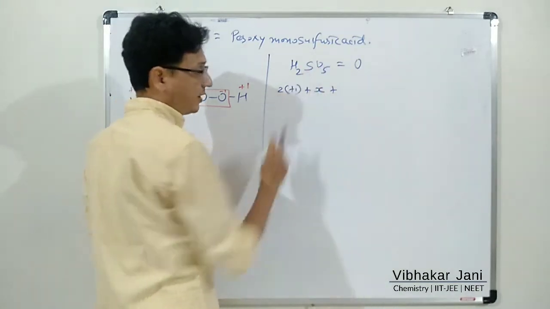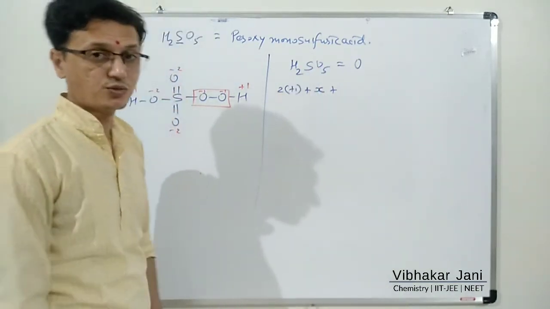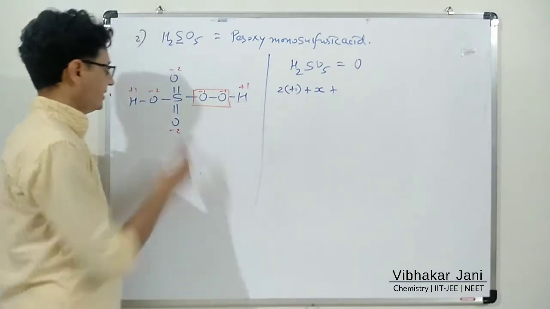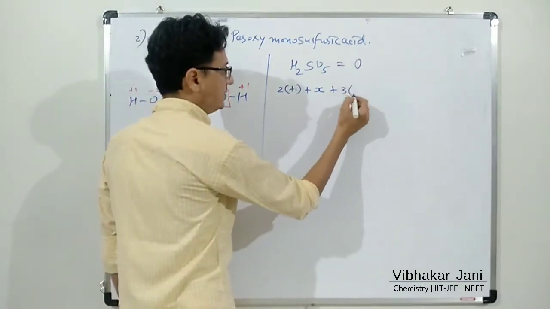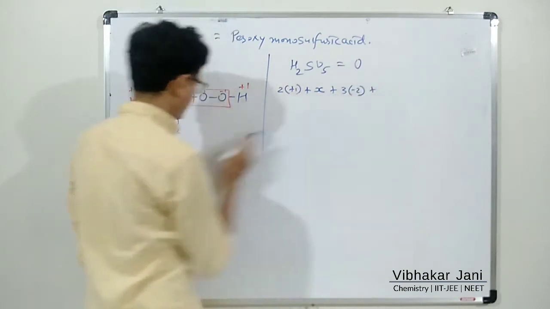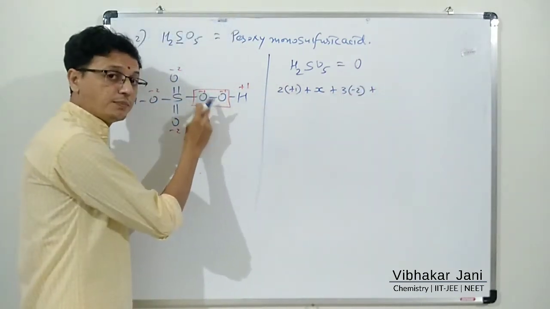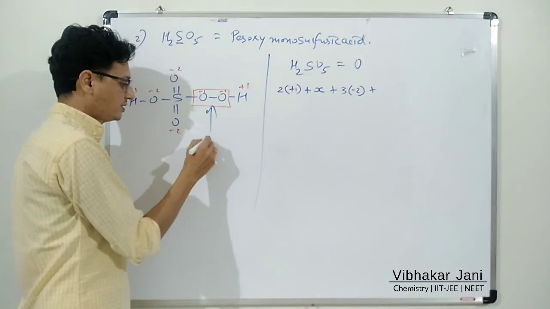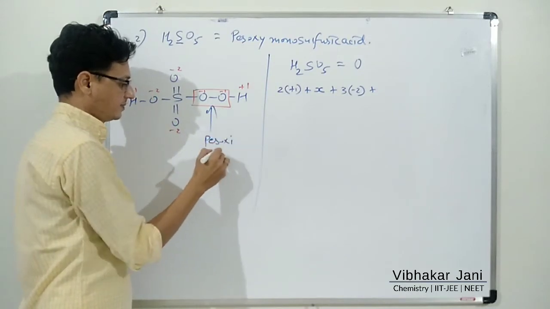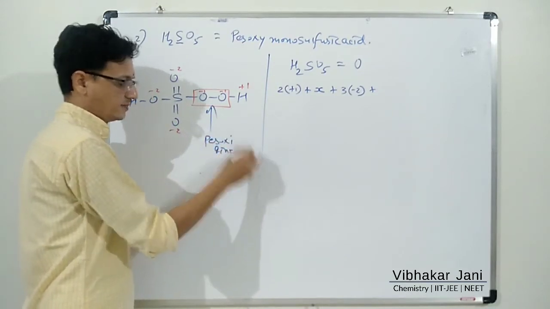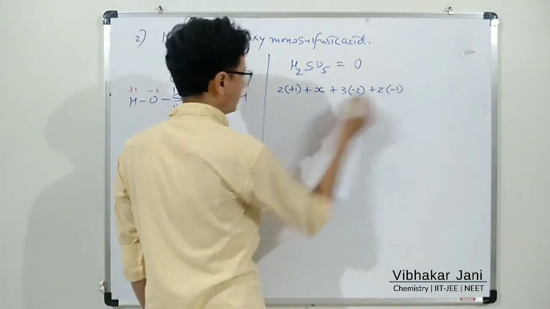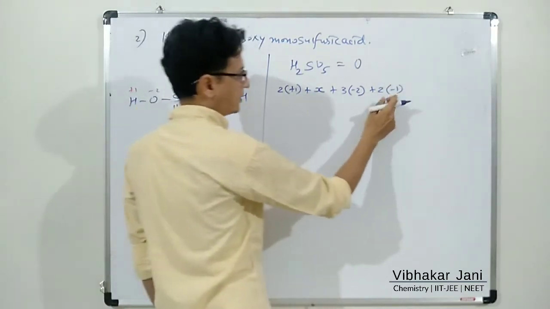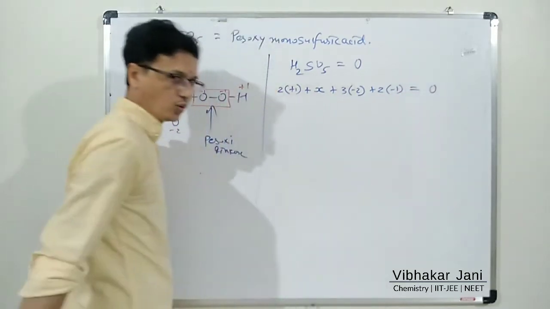Because all 5 oxygens are not having -2 oxidation state. 3 oxygens are in -2 oxidation state. So 3 multiplied by -2 plus 2 oxygens which are in peroxy linkage. This is our peroxy linkage. Therefore, oxidation state of these 2 oxygens are -1 is equal to 0.